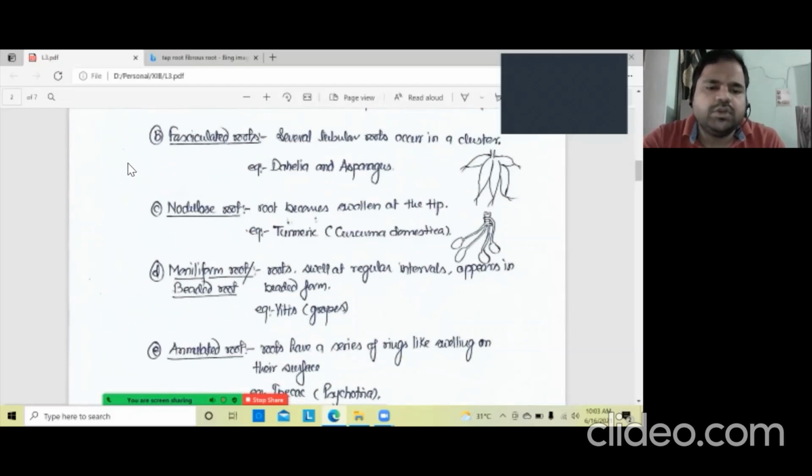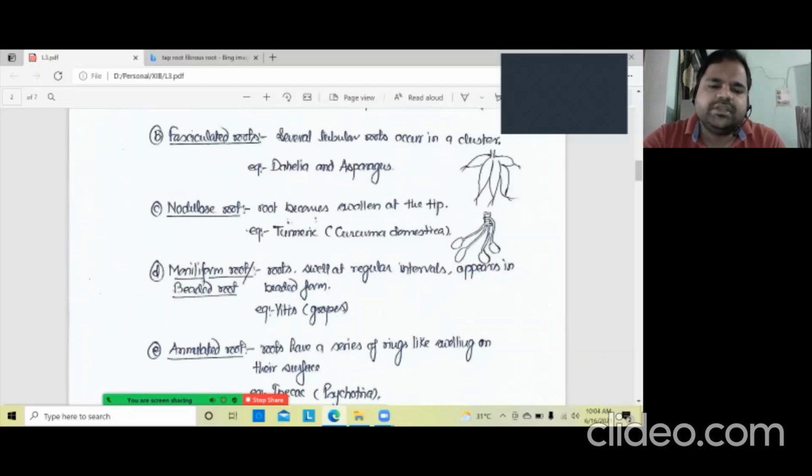Now the moniliform root, or beaded root. In case of beaded root, several swellings, or swollen structures, are present at regular intervals in the root, like beads in a string, and it appears in the beaded form.